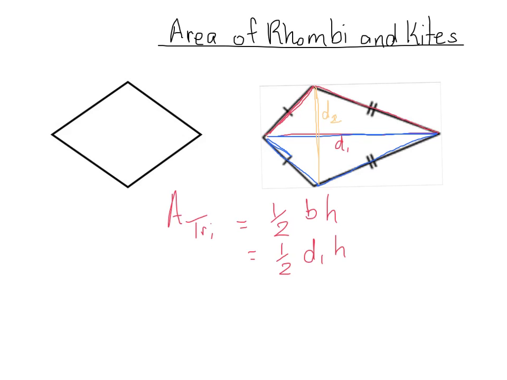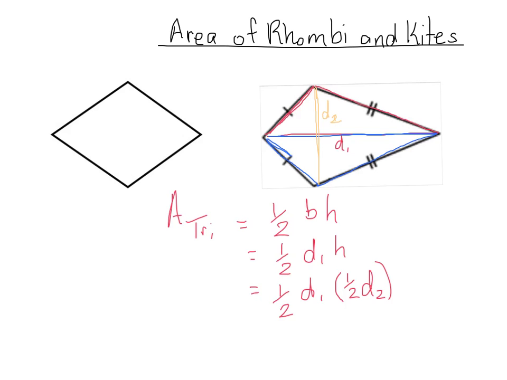All right, so we have now that the area of the red triangle is a half diagonal 1 times height, and we know that that height is a half diagonal 2. All right, that looks lovely and confusing, but that's okay. You're going to see that it's going to come together in just a second.